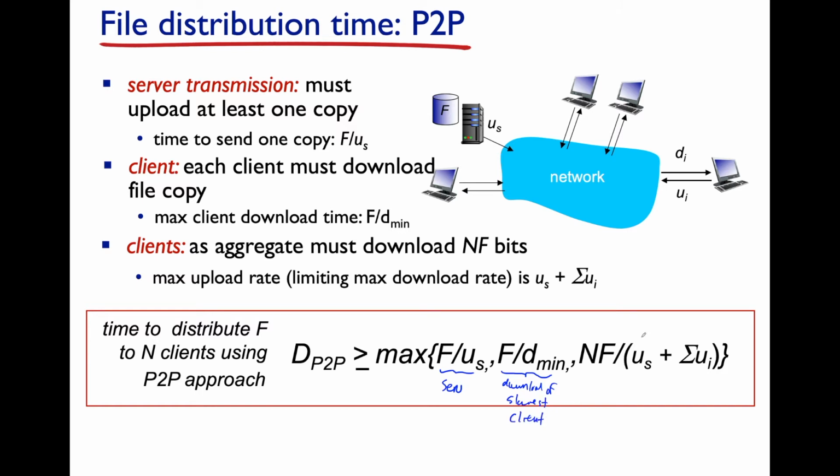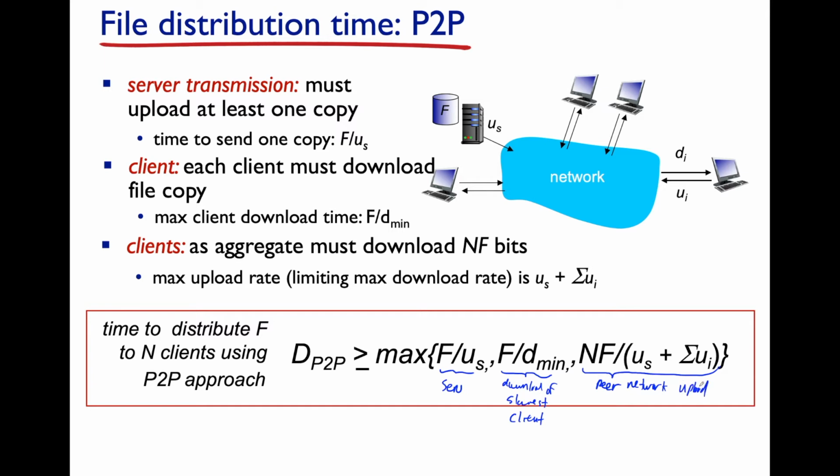And we have the distribution associated with the aggregate ability to upload across the entire peer-to-peer network. So that's nF, which is the total data, and we have in the denominator U_S, for the server, plus the sum of all the upload rates for all the clients. And this is the peer network upload.